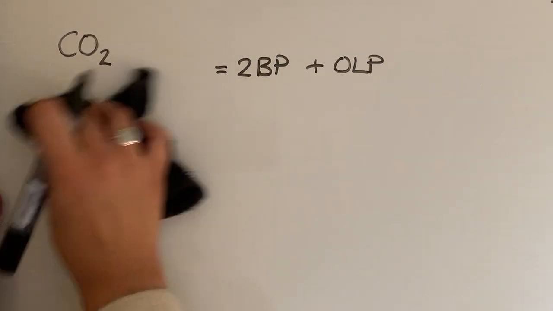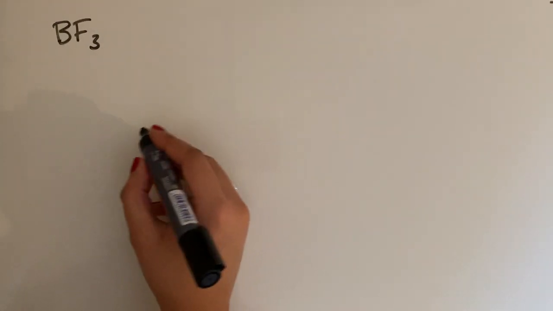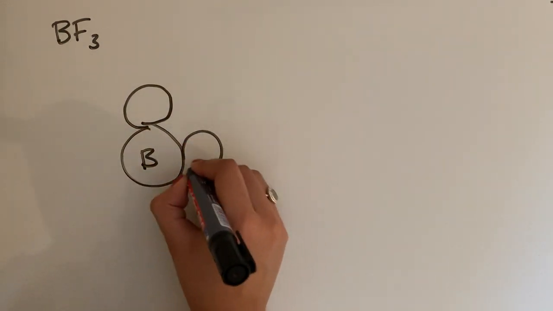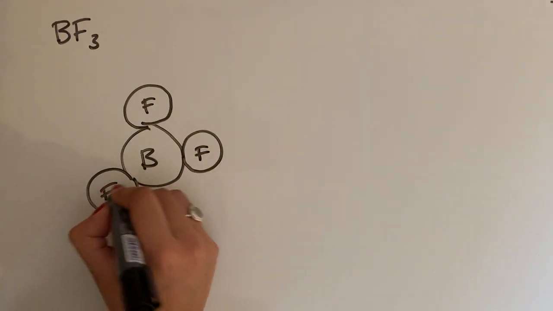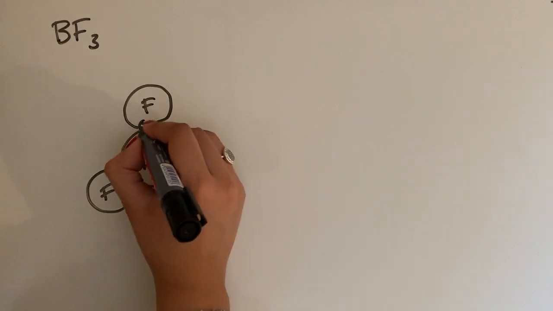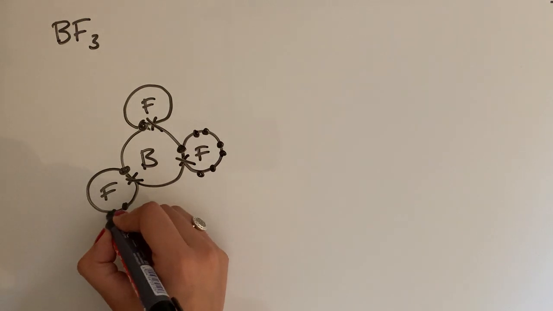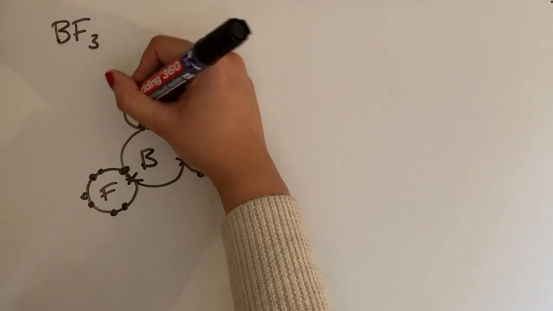Right, the other shape that we have is the one that BF3 adopts. So remember, BF3 is the one where boron doesn't have 8 electrons in its outer shell once it's bonded. It only has 6. So just a quick sketch of that. Like so.